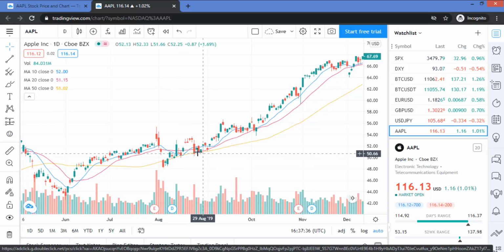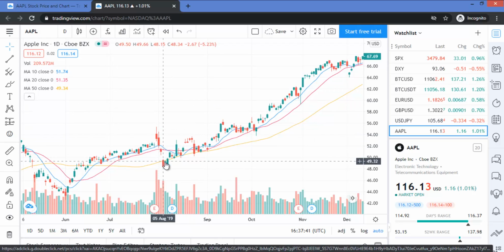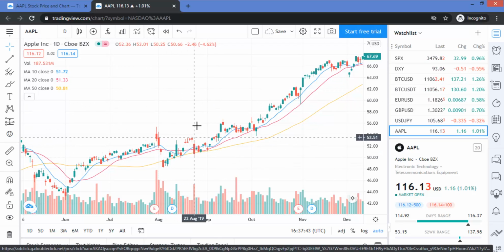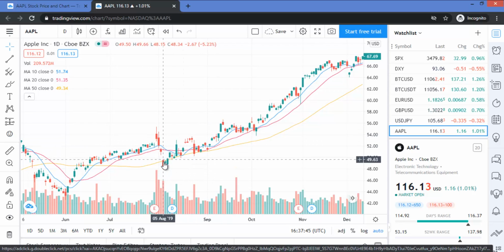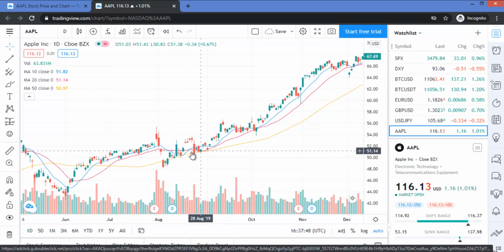Since July 2019 our moving averages have not crossed the 50-day, which means it's still on a trend. Even though it has a little bit of ups and downs in the middle, we can't say that is a trend. It's just a short term trend, that's it.